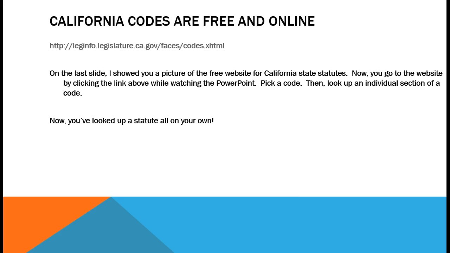I'll also try to make this link available under Canvas because you cannot click on it in the Screencast-O-Matic audio version. But I really do want you to go and see the website for all the different statutes in California. It's a free website. It's just going to have the statutes without any cases, but it's a good idea to familiarize yourself with this as a citizen and as a future paralegal.